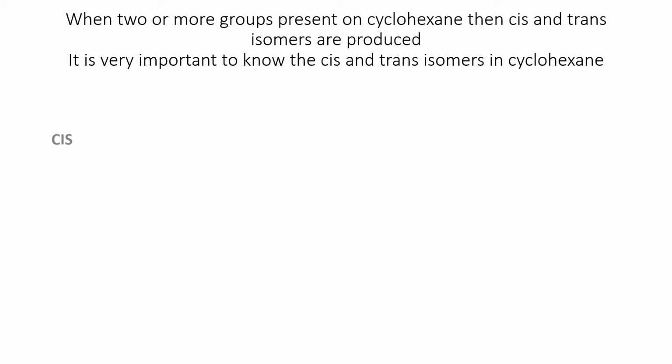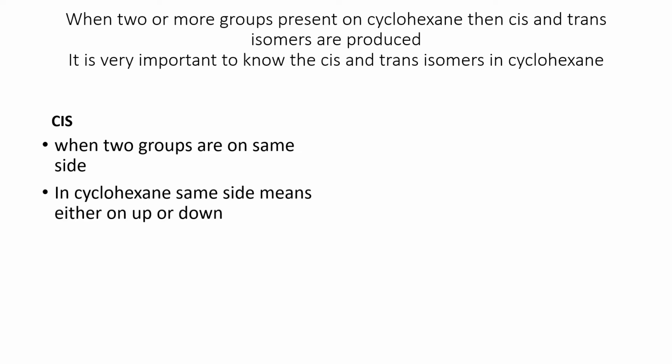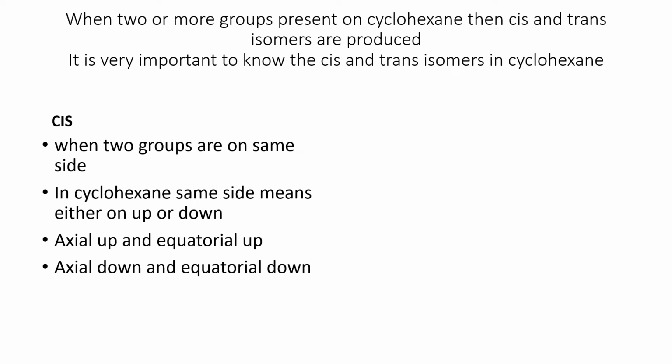For a cis isomer, both groups should be on the same side. That means in a cyclohexane ring, both groups should be either up or down. It may be equatorial, it may be axial. For example, axial up and equatorial up, or axial down and equatorial down.